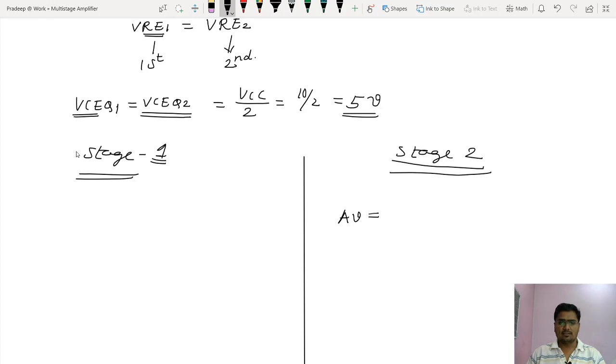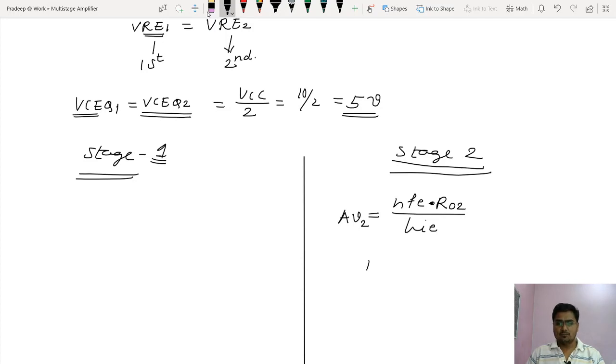Look at this. How can I write the equation for the second stage? That is the voltage gain from the second stage. It is completely clear. It is HFE multiplied by RC divided by HIE. Now look at this. This RC is the collector resistor of the second stage. Or simply, instead of writing this RC, I'll write it is the output impedance of the second stage.